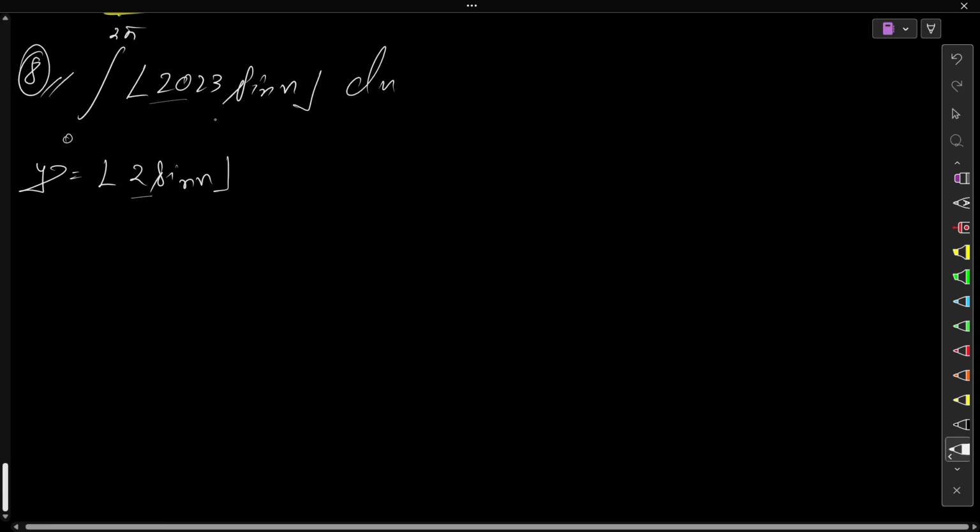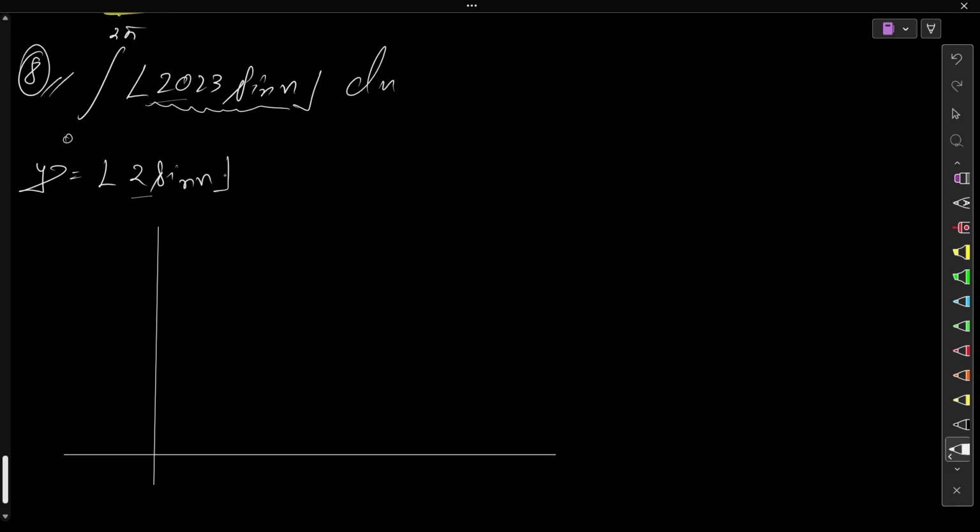Okay, so what would happen is that if I evaluate the floor of 2 sin x graph, I'll be getting, not even approximate, the actual behavior of the floor of 2023 sin x, as x runs from 0 to 2 pi.